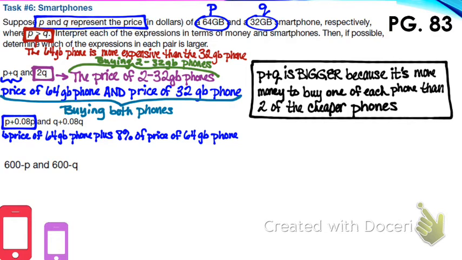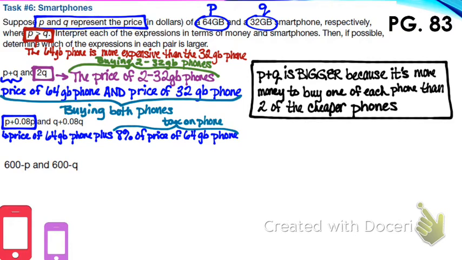Why in the world would they add 8% of the price of the phone to the price of the phone? Tax. This would be the tax on the phone.